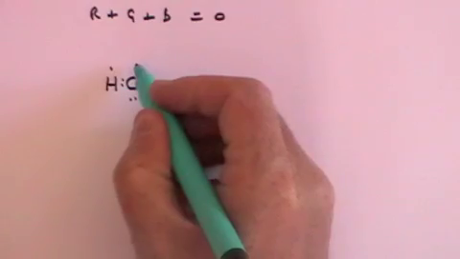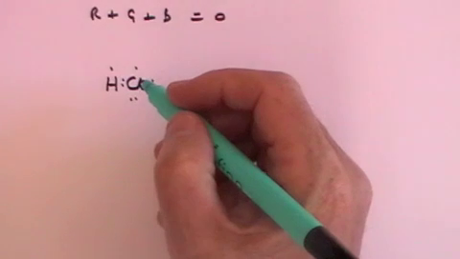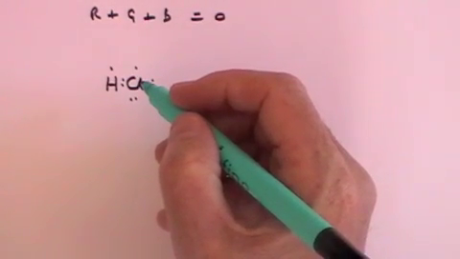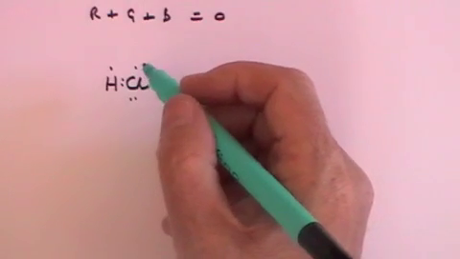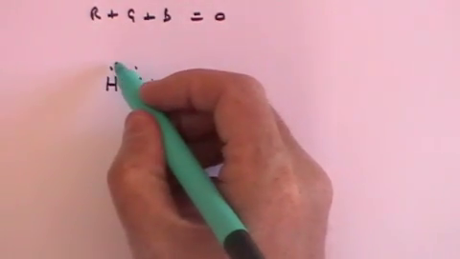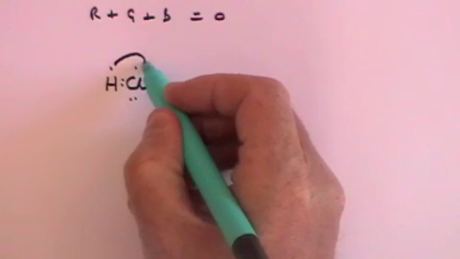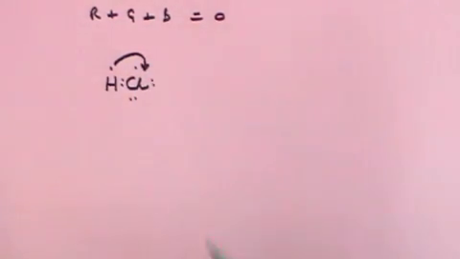It essentially would like to have 8, and then it would be a complete shell, but it only has 7. So hydrogen lends its electron to the chlorine, so that chlorine now has 8 electrons in its valence shell, its outer shell.